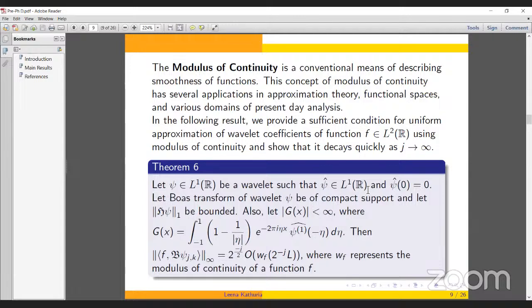Then, if the Bose transform of the wavelet psi is of compact support and its norm over L1 is also bounded, and the norm of G of x is again less than infinity, that means it's bounded, then the norm of the inner product of f with the Bose transform of xi j k over L infinity will be equal to this right side.